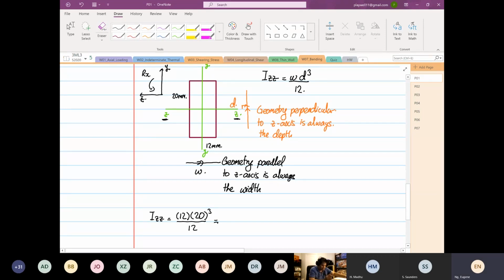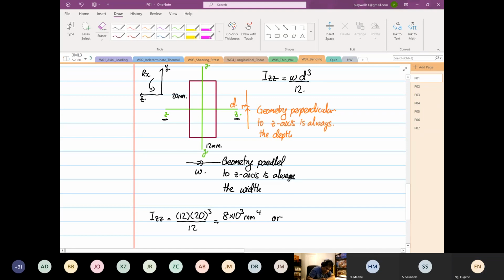So 20 power 3 times 12 divided by 12 is equal to 8,000, or 8 times 10 to the power 3 millimeter 4.